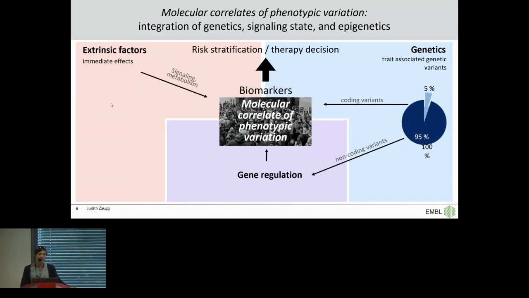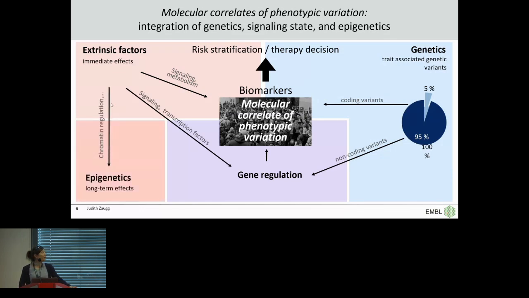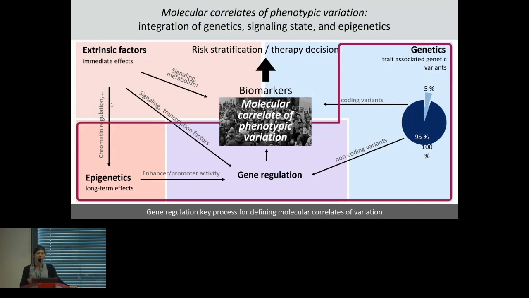Similarly, the extrinsic factors may have a direct effect on these biomarkers through signaling and metabolism, but they also may have a signaling effect that ends up at a transcription factor that again affects gene regulation. And then we have all these extrinsic factors that affect epigenetic features, which again may affect gene regulation. So I think you see where I'm going with this. Gene regulation is really an important process to understand if we want to understand the molecular correlates of phenotypic variation, and with that the mechanisms that may drive disease.